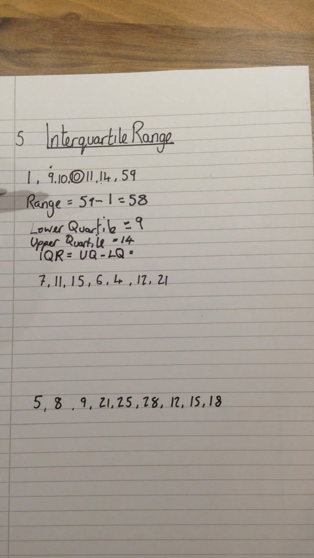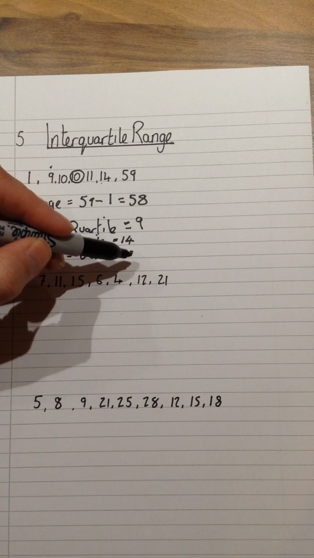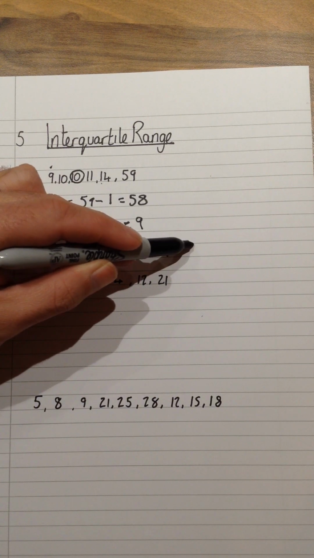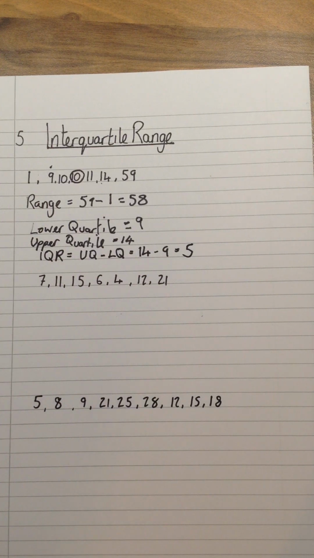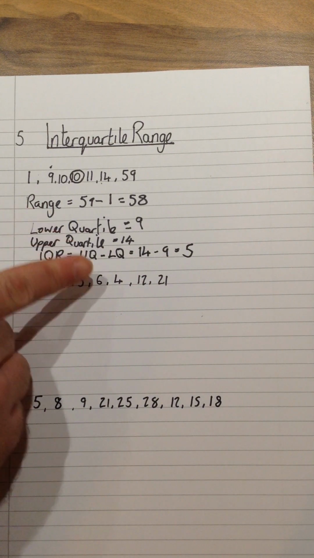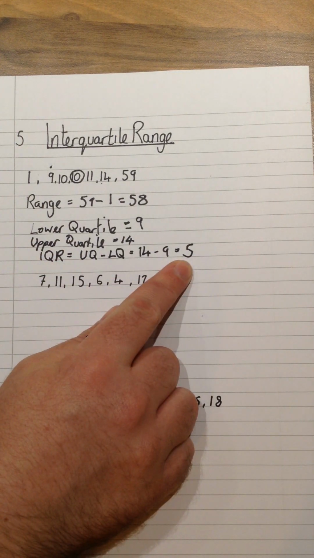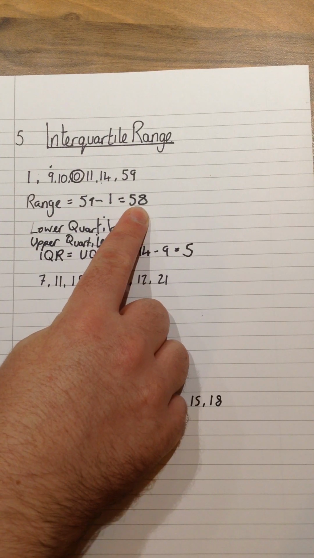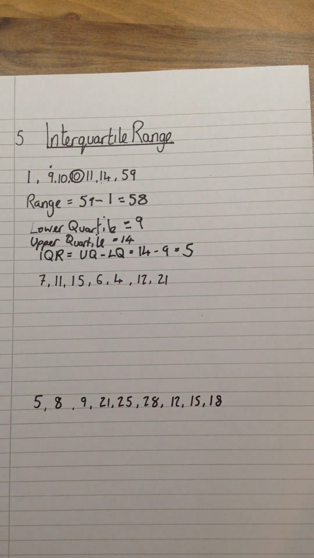So in this example, we would have to do 14, take away 9, which gives us 5. So that tells us how spread out that middle section of data is. This is far more understandable than saying that the data is spread out this much, when clearly it is only the upper and lower amounts, so the maximum and minimum.